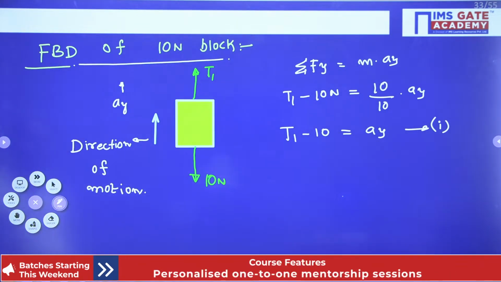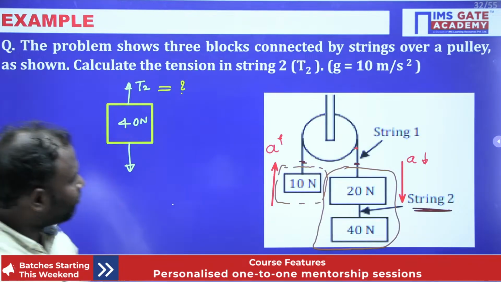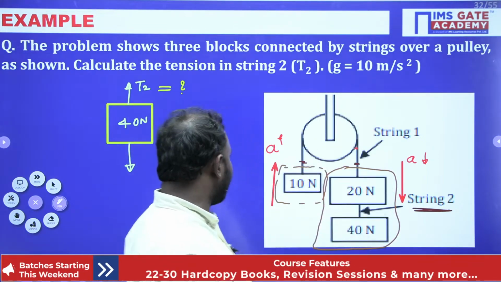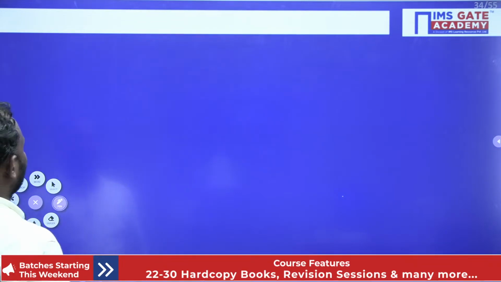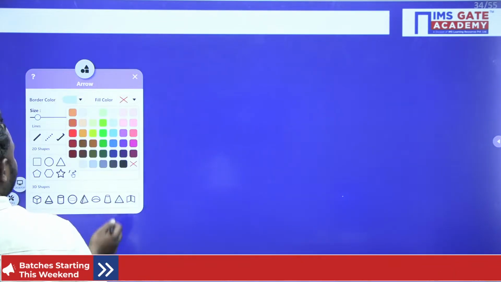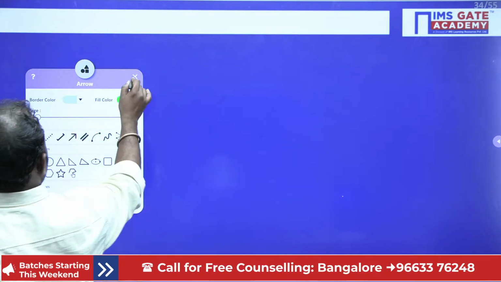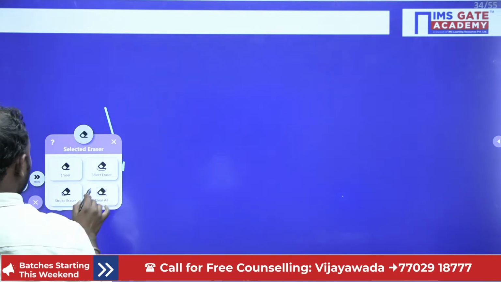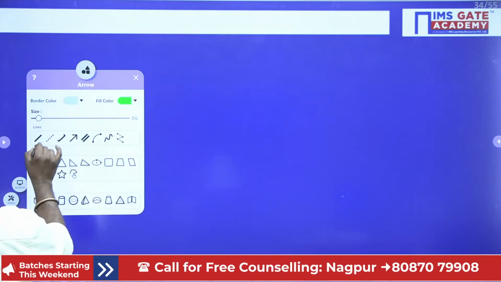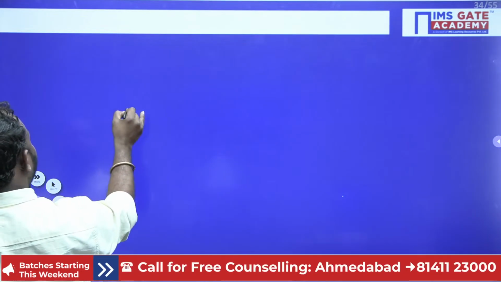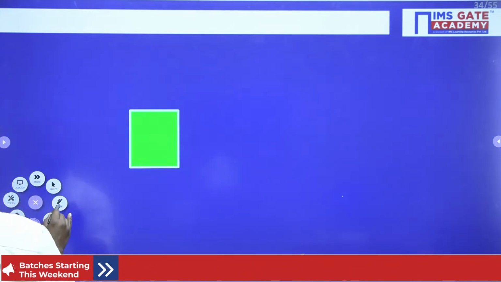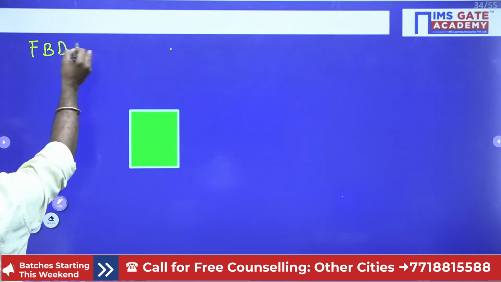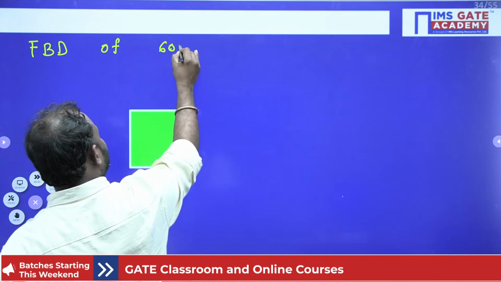Right? Now let us draw the free body diagram of this 20 plus 40 newtons. 60 newtons we have to draw, right? Now I will draw the free body diagram of 60 newtons. FBD of the 60 newtons block.